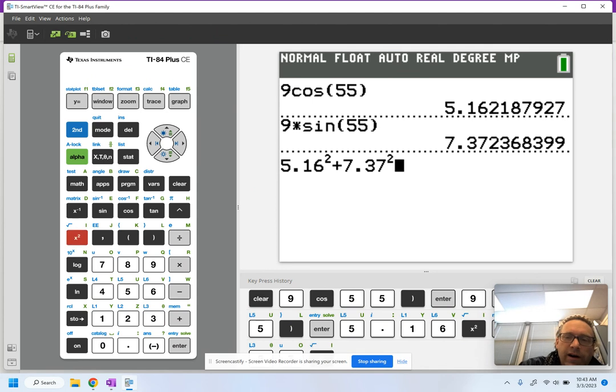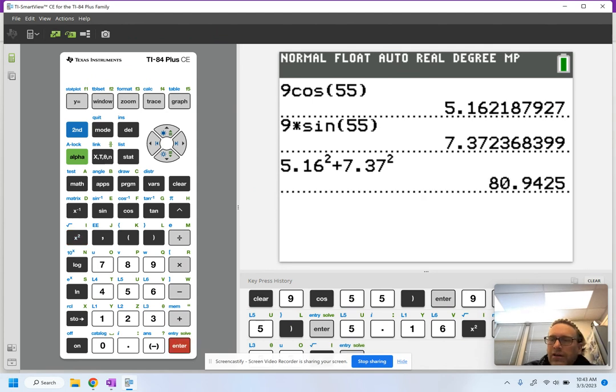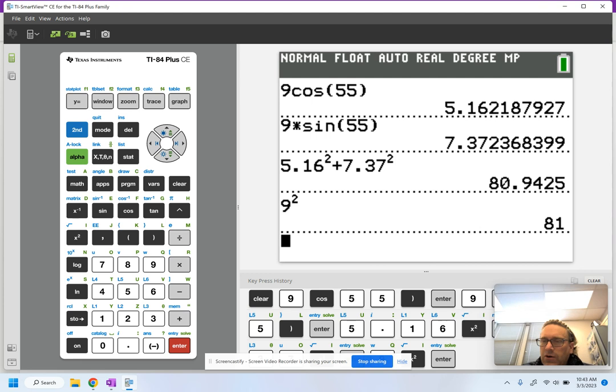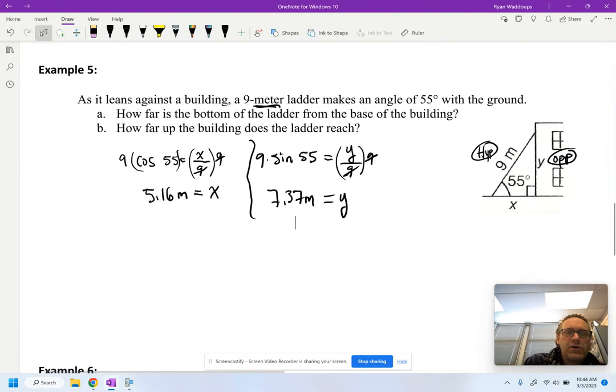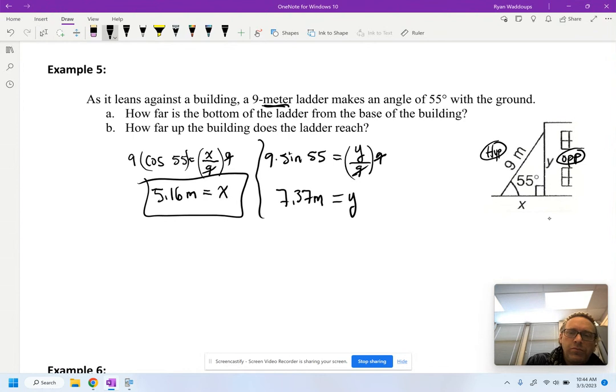And 9 squared, as you know, is 81. So while that's not exact, we can be confident that our answer is pretty much correct. 80.9 rounds to 81. Okay, so those are our answers.